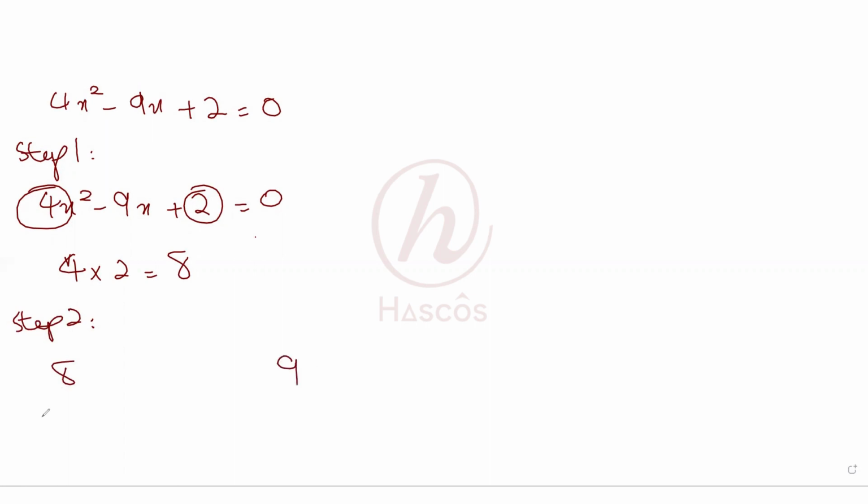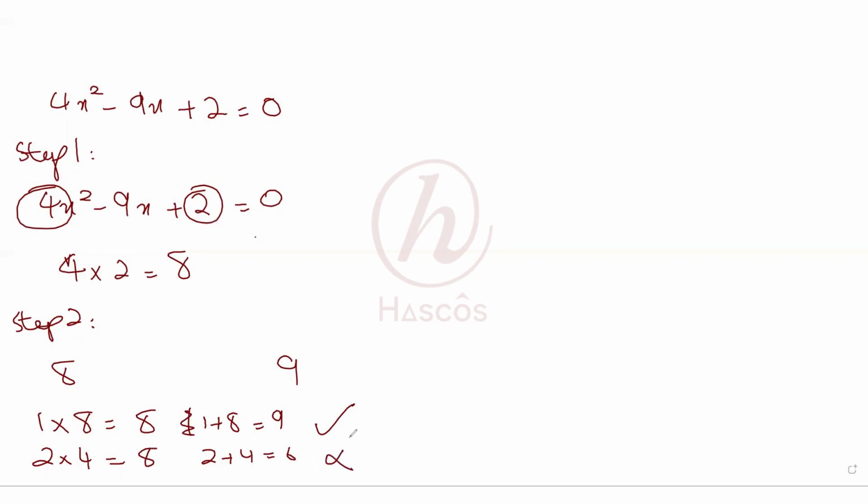There are two types of factors. 1 times 8 gives us 8 and 1 plus 8 does give us a 9. So yes, we can take that. Another factor pair can be 2 times 4, which also gives us an 8, and 2 plus 4 gives us a 6, not the middle term which is 9, so we're going to disregard that.